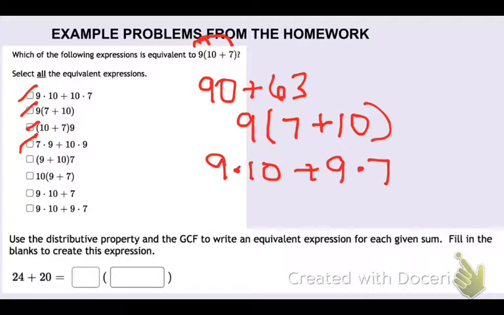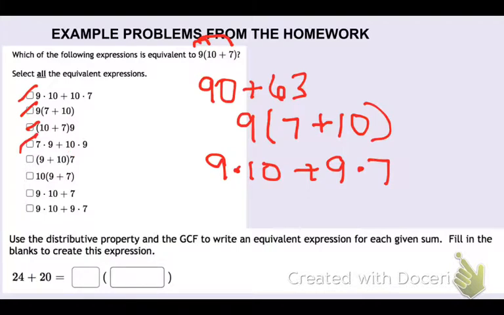Now, is this one the same? If I did 7 and distributed 7 to what's inside the parentheses, would it equal the same thing? Let's check it out. 7 multiplied by 10 gives us 70. So that's not right. And 7 multiplied by 9 gives us 63. So that's not right. So we can't mark that one.